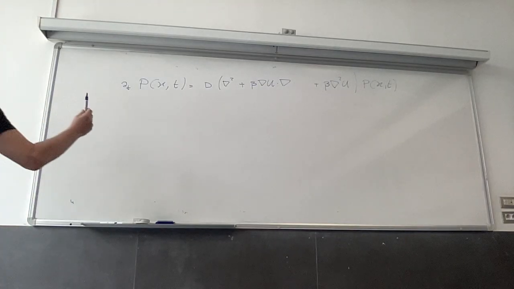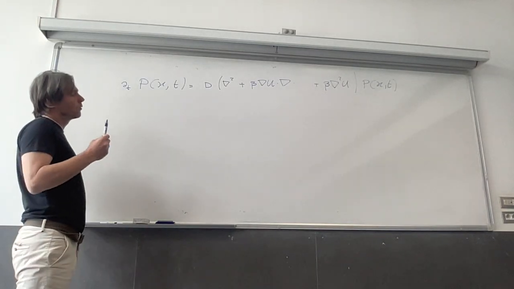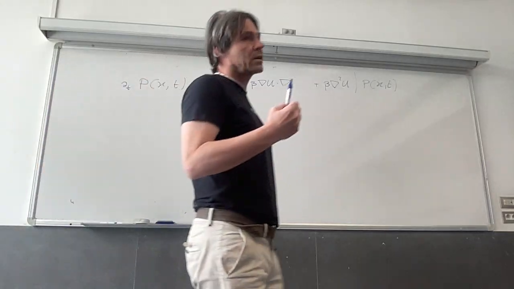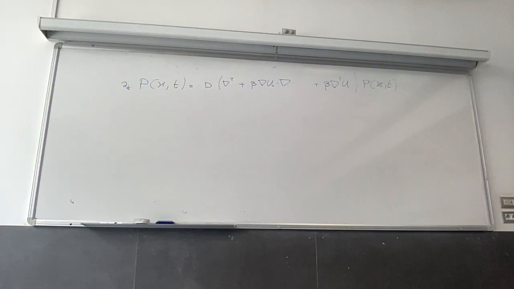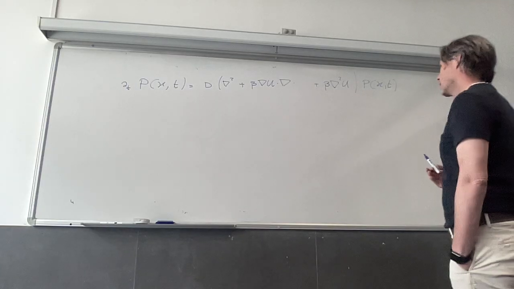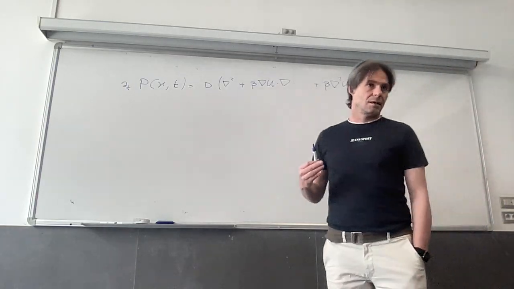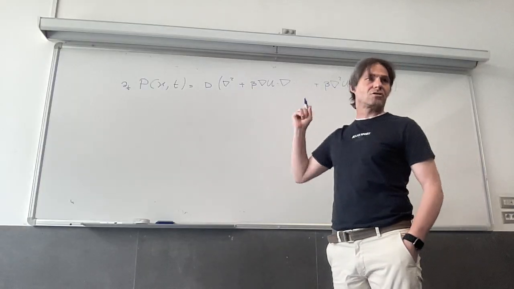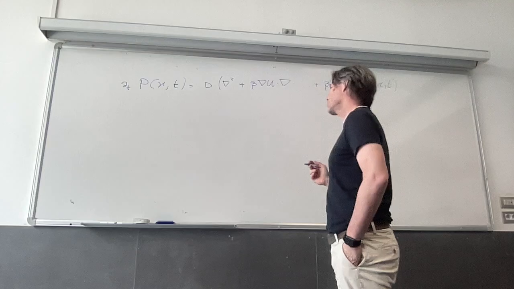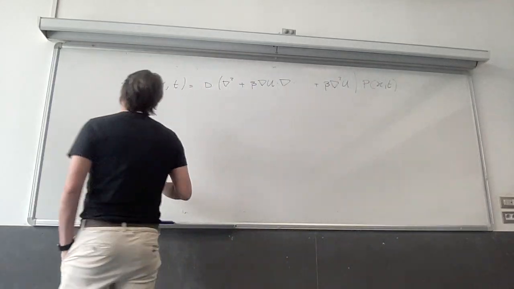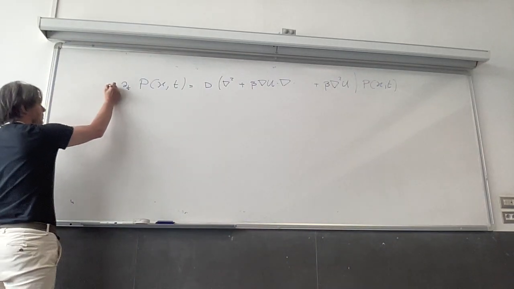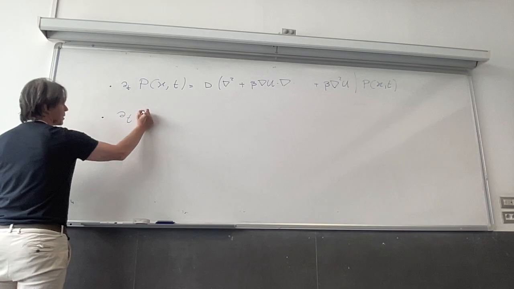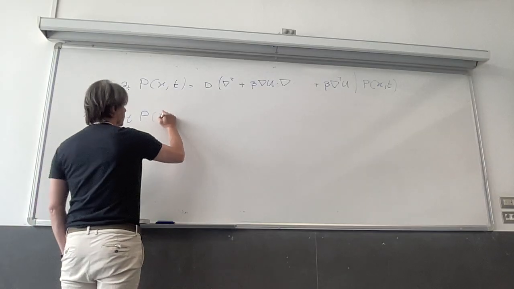The Smoluchowski-Fokker-Planck equation is an equation for the probability of observing a particle at a given point in a given instant. It's a multidimensional equation, so in general it's three n-dimensional equations for n particles in 3 dimensions. We verified that it can be written in the form of a continuity equation.